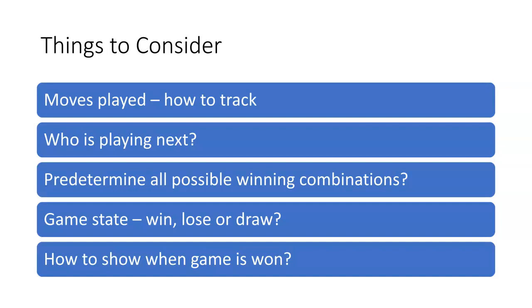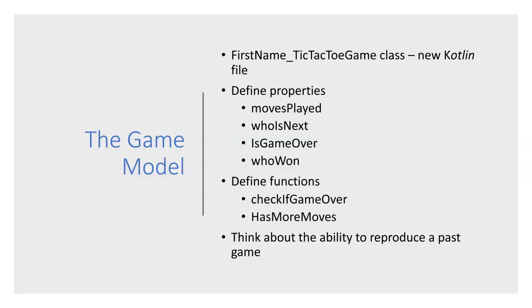So this is kind of the thought process you will go through. These are the things we talked about. Properties: moves played, who is next, I called it whose turn, is game over, game finished, and who won the game.